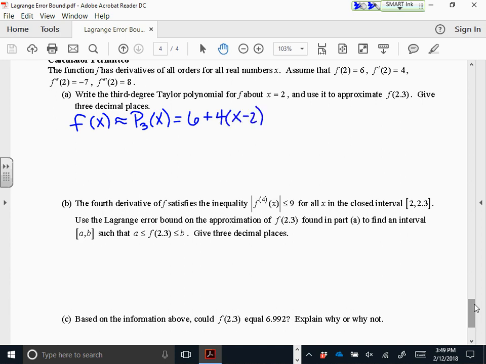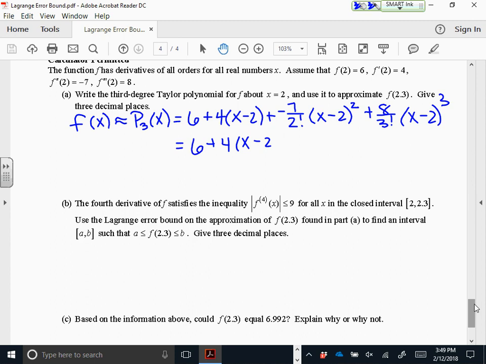Remember, we're centered at 2. Plus our second derivative is negative 7 over 2 factorial. Plus our third derivative is 8. Now, if you would like, feel free to reduce this down to where we have 7/2, so I guess that's not really reducing, but just rewriting it. But we could reduce this to 4/3 if you wanted to.